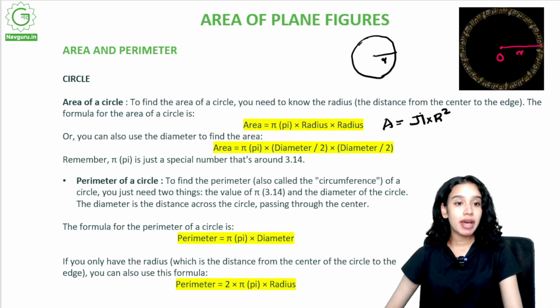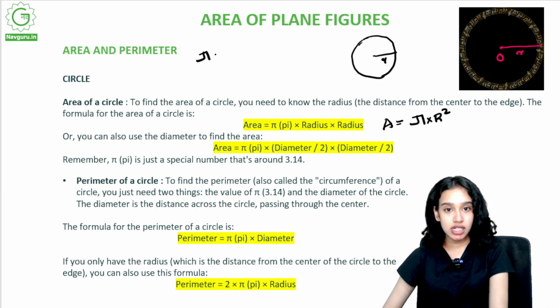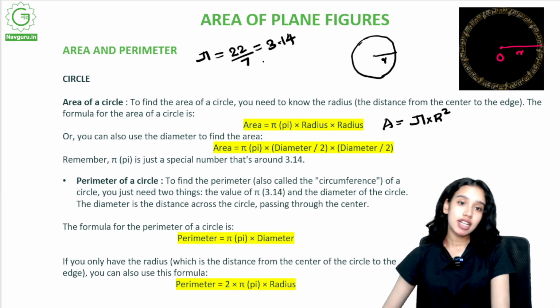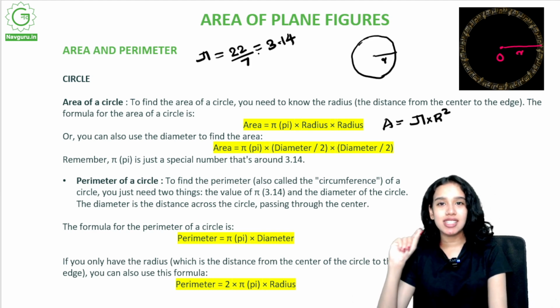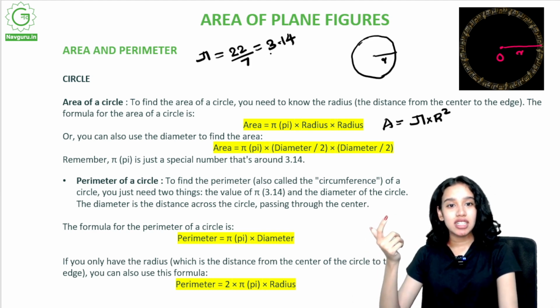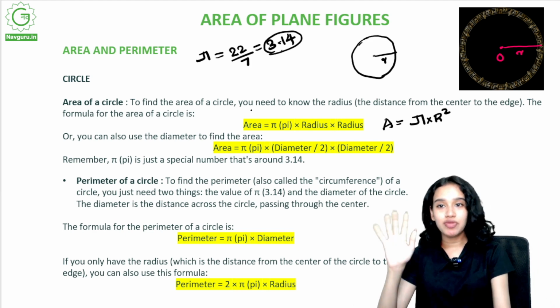So, what is pi? Pi is actually a constant. So, the value of the constant is either 22 by 7, which is equal to 3.14, right? Now there's a very quick and interesting trick to remember the value 3.14.